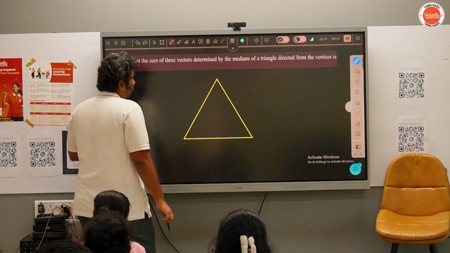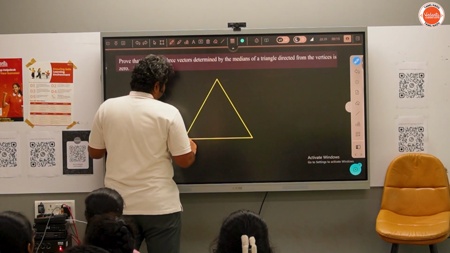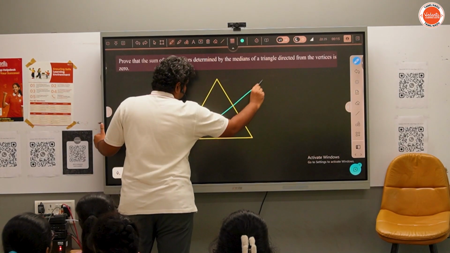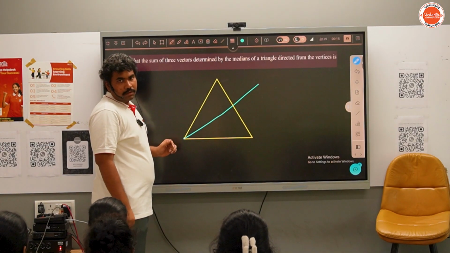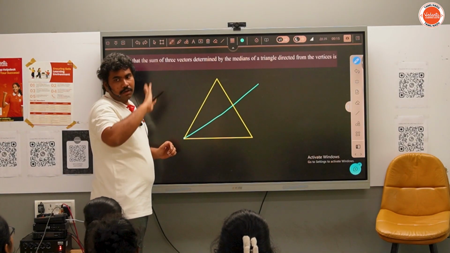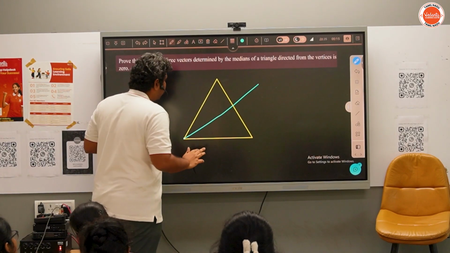Of course, it's not necessarily an equilateral triangle. So everyone knows what is a median, right? Median means from a vertex to the midpoint of the opposite side. Okay, that forms one median.